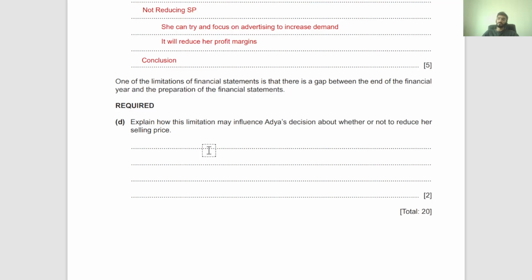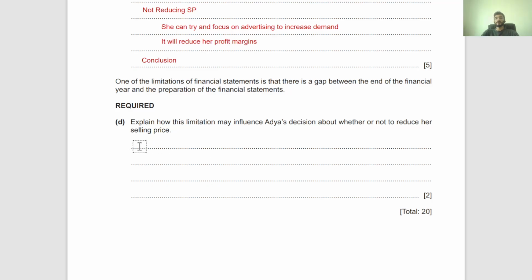So, as you know, when the financial period ends, let's say, 31st December 2020, the financial statements will be prepared in the next 2-3 months, right? They won't be instantly available. They'll be prepared for an upcoming period.